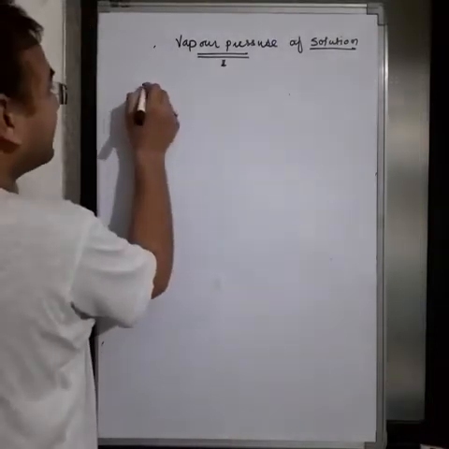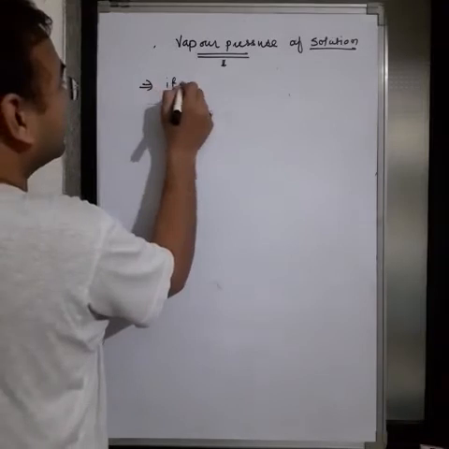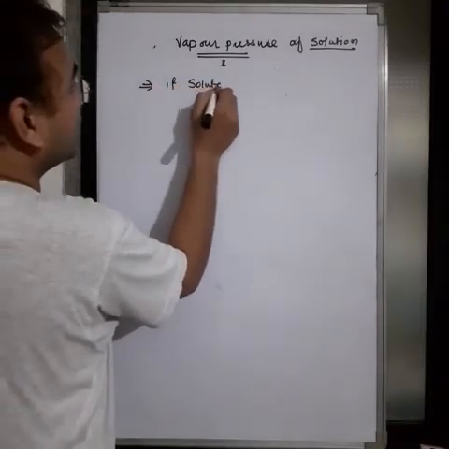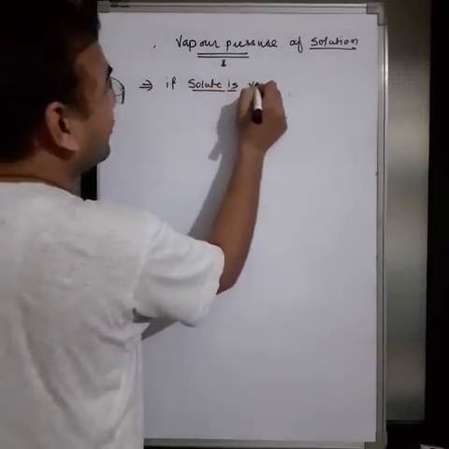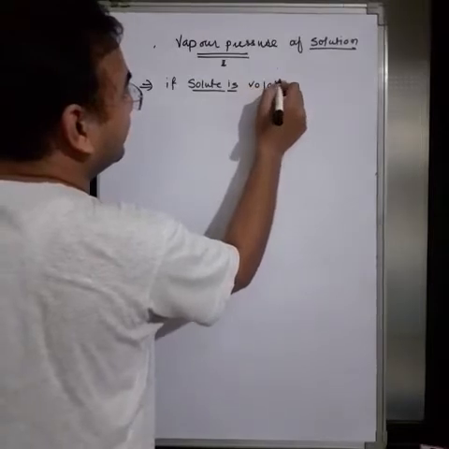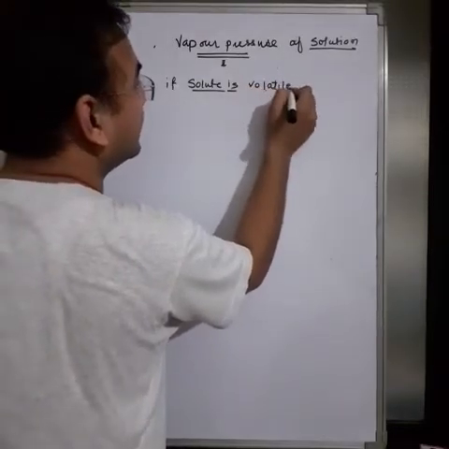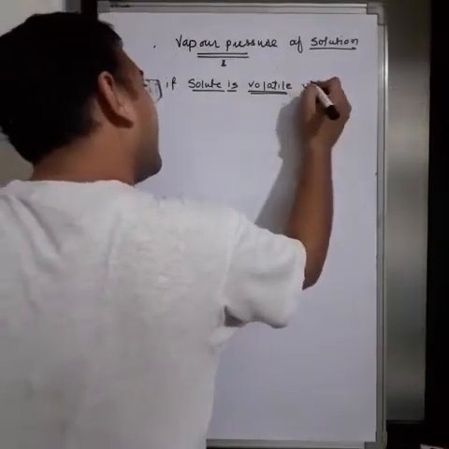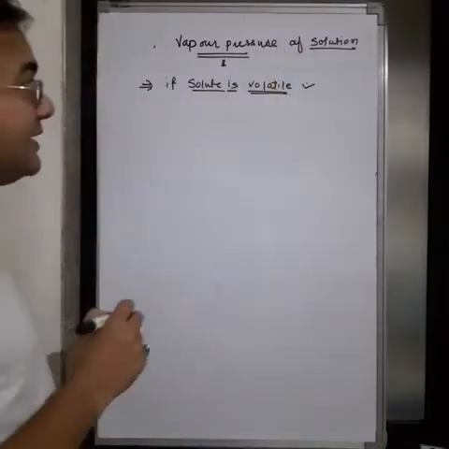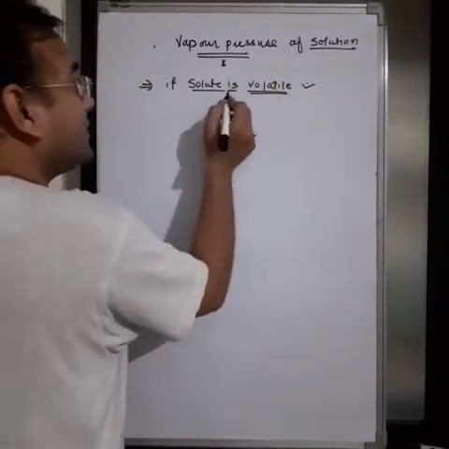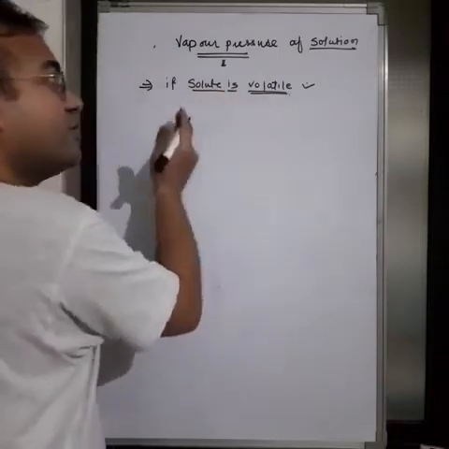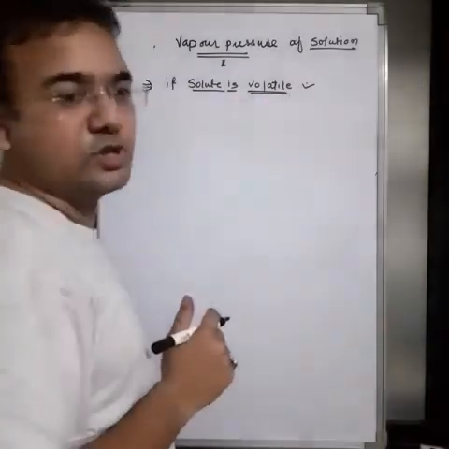First, we are going to see what happens if the solute is volatile. Let's compare the solution with the pure solvent.